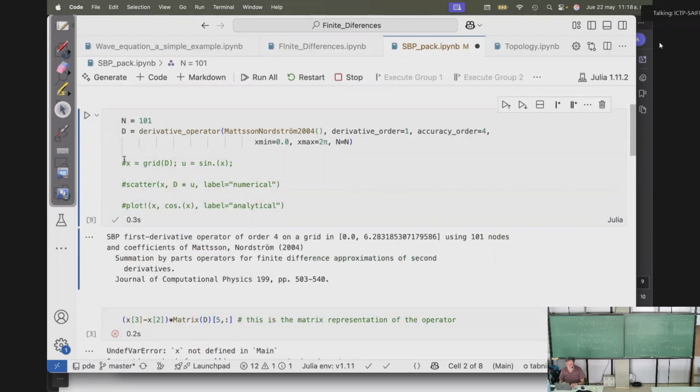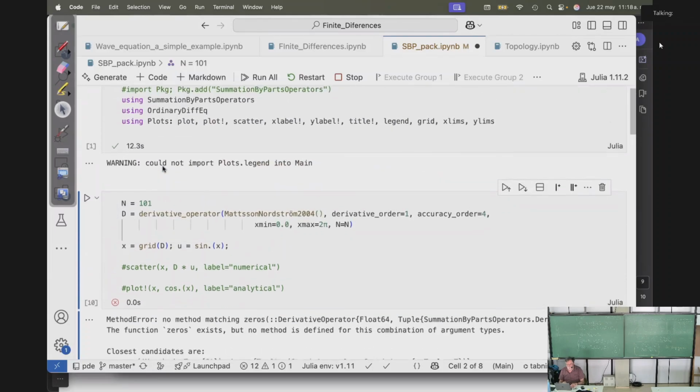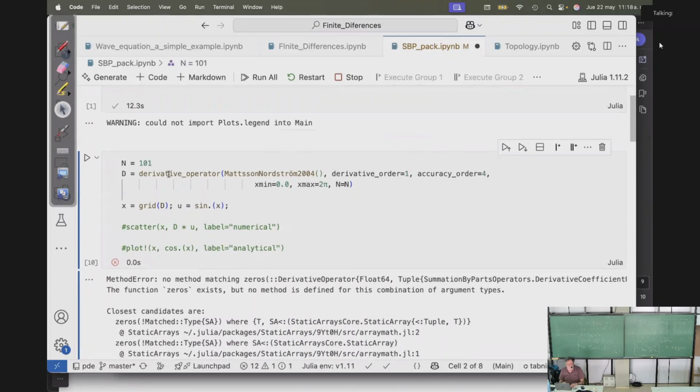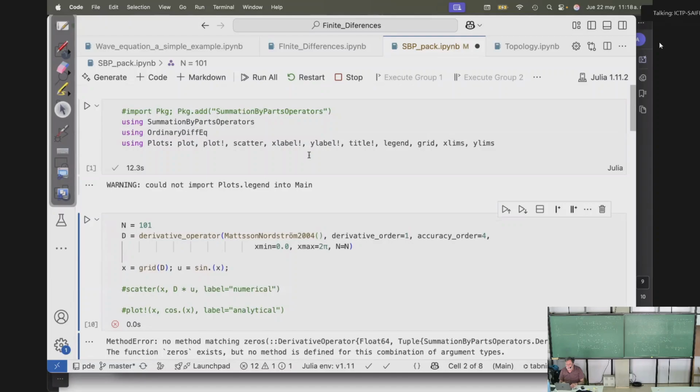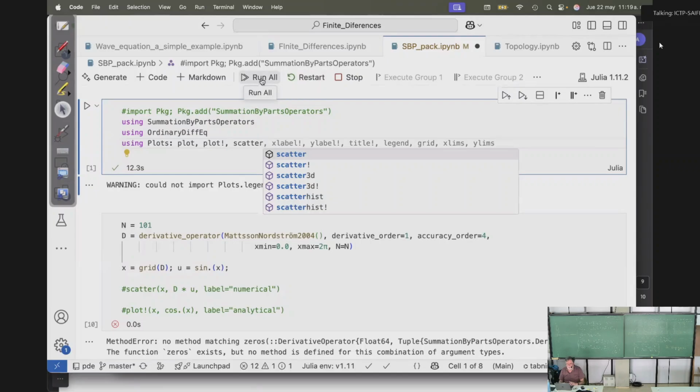It creates the grid. There must be a conflict between the grids.